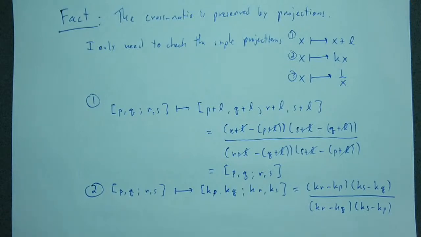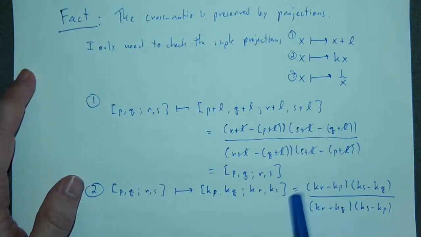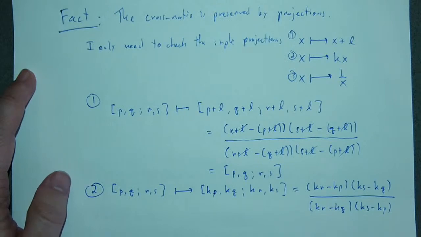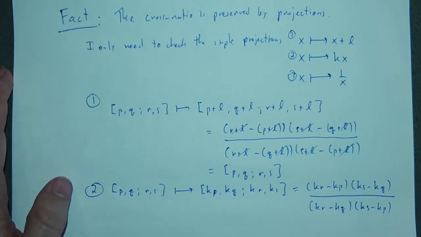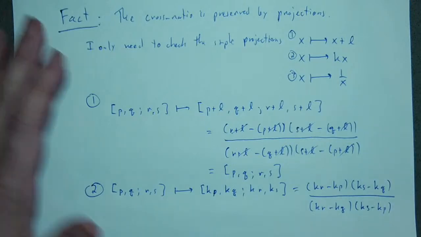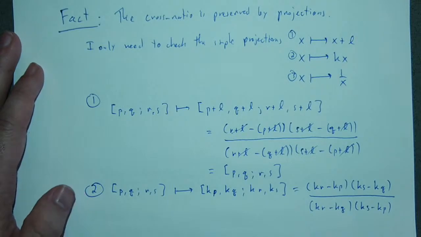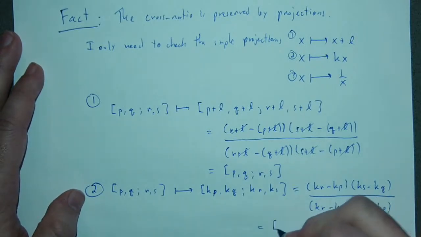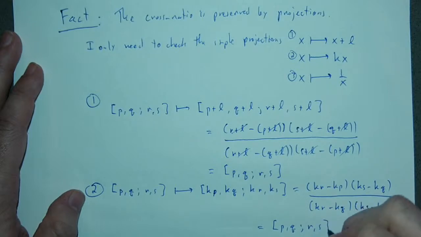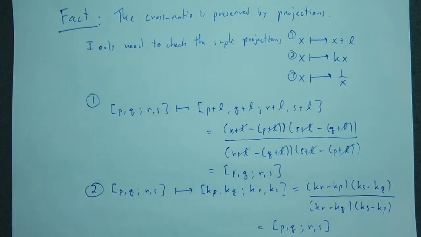Again, in each term I can factor a k out and cancel it with the k from below, and I don't have to worry about k being 0 here, since I don't care about those dilations. So k is non-zero, and again this is just equal to the cross ratio, through division, I just cancel those things.